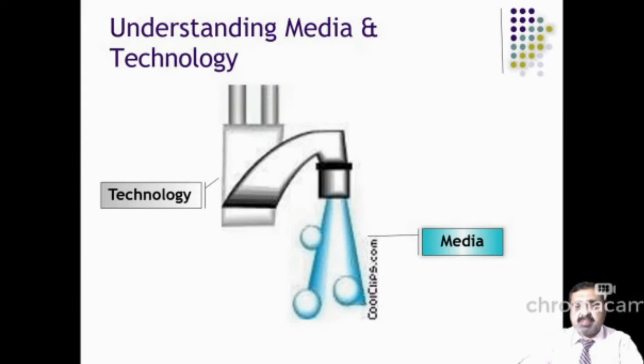Now first of all, we understand what is meant by technology and what is meant by media. Media is the plural form of medium, which broadly speaking describes any channel of communication. This can include anything from printed paper to digital data, and encompasses art, news, educational content, and numerous other forms of information.